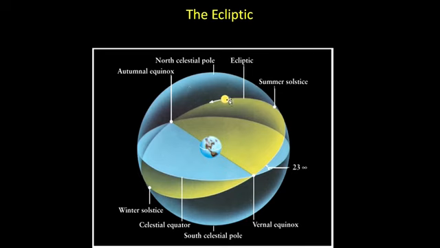And again, the ecliptic is the path that the sun appears to take. Of course, that's due to the Earth's motion around the sun, but to us, if we think of ourselves as stationary, it looks like the sun is orbiting us.